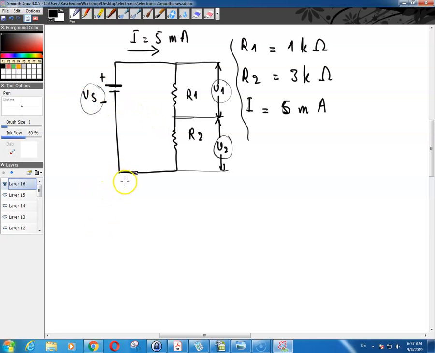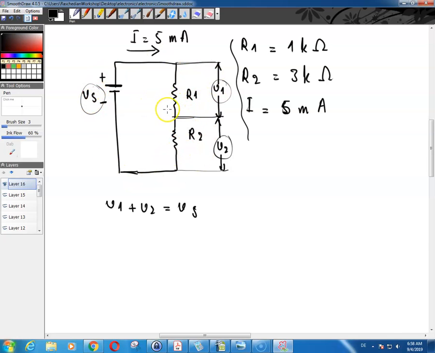One thing that you need to pay attention to in this kind of circuit is that in a series circuit, V1 plus V2 is always equal to V of S, meaning that the voltage drop across R1 plus the voltage drop across R2 is equal to the voltage that the power supply is supplying to the circuit.